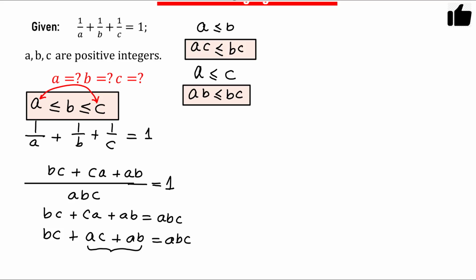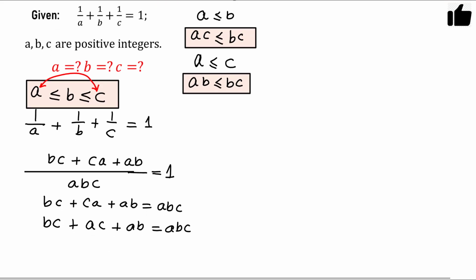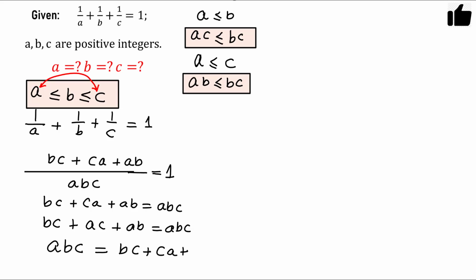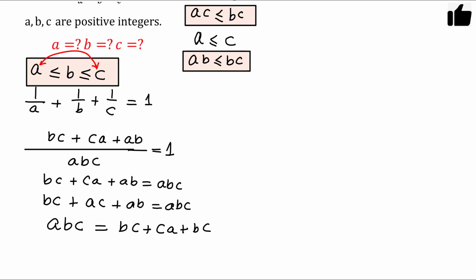In this equation, I can write abc on the left side, so abc = bc + ca + ab. Now I can write abc is less than or equal to bc, and in place of ca I am putting a bigger number, and this number is bc from this inequality.